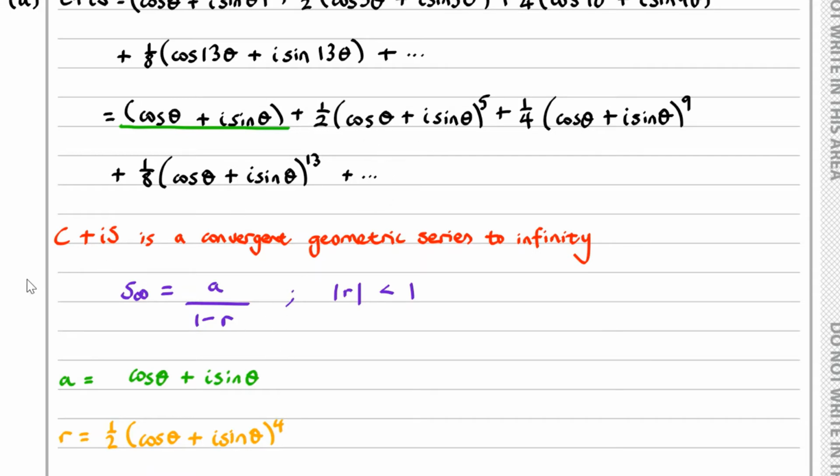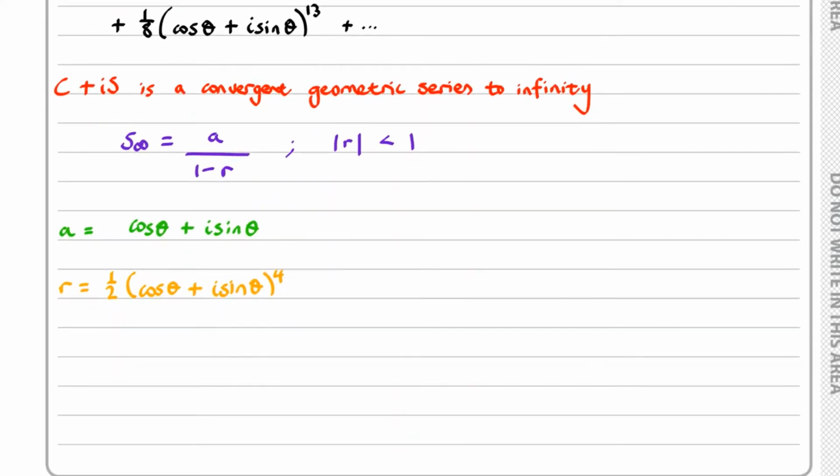And hopefully you can recognize that by looking at these successive terms. Having said that, substituting back into this formula, C plus iS is equal to a, our first term, cos theta plus i sine theta, over 1 minus r. So we have 1 minus 1/2 of (cos theta plus i sine theta) to the power of 4.